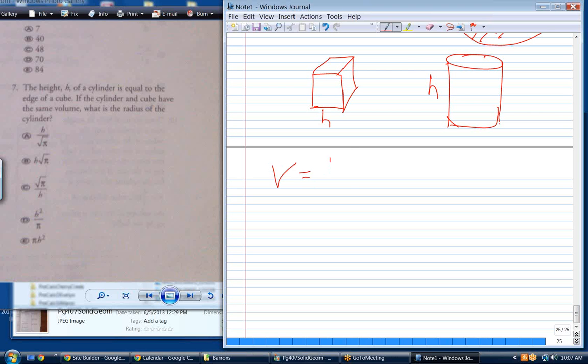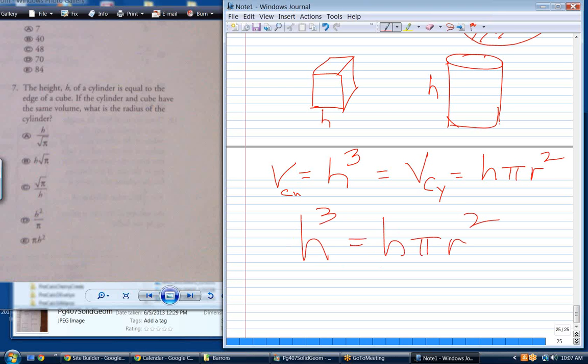It'd be h cubed. And that is equal to the volume of the cylinder. What's the formula for the volume of the cylinder? It's h pi r squared. So I can let h cubed equal h pi r squared.